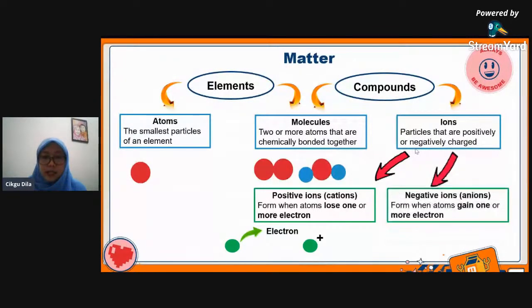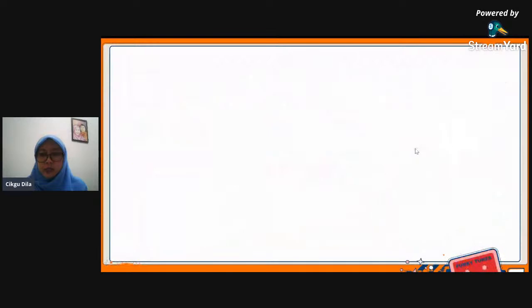Next, we have a negative ion, which we call an anion. This forms when an atom gains one or more electrons. For example, an atom gains one electron. Once it has gained the electron, it will turn into a negative ion.